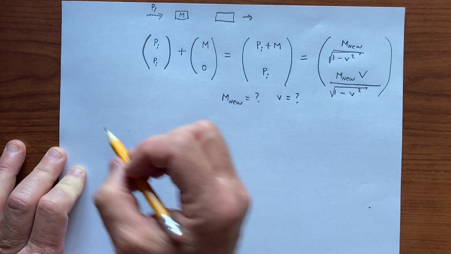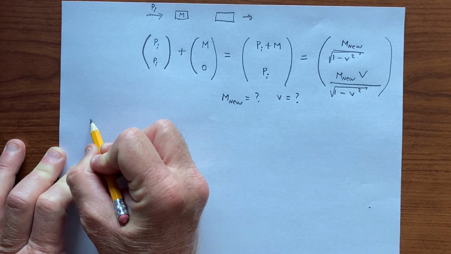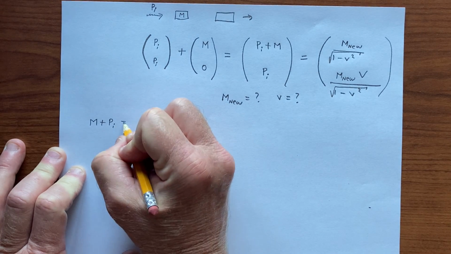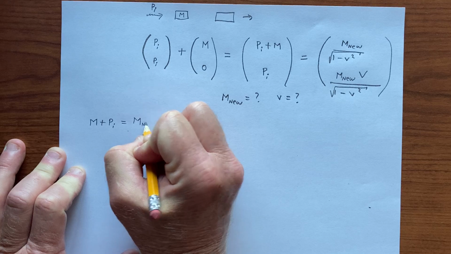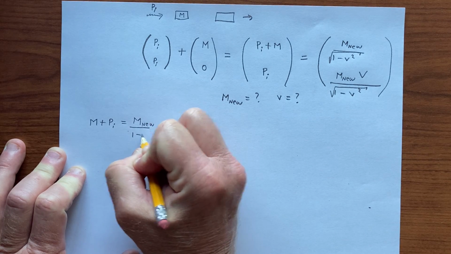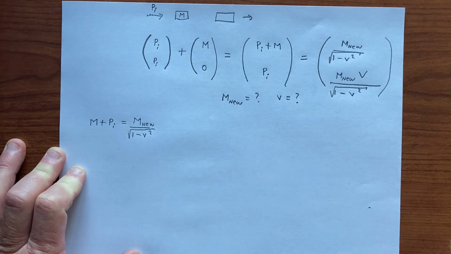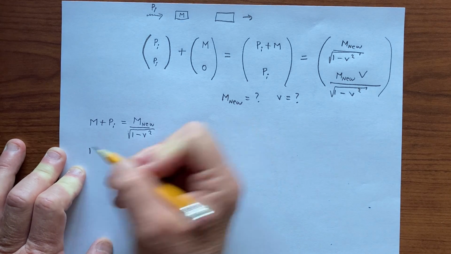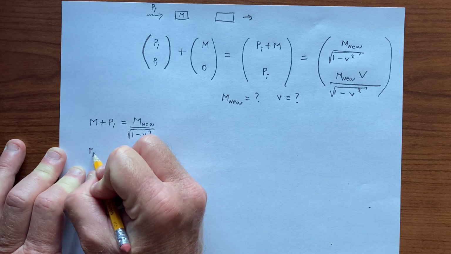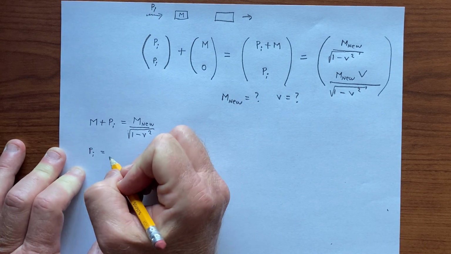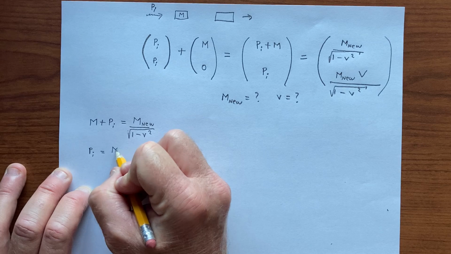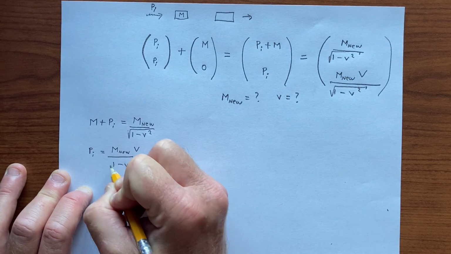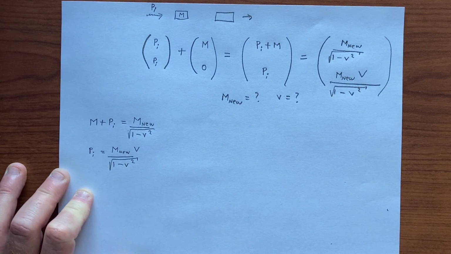We have m plus pi equals m nu over the square root of 1 minus v squared, and pi, or this relationship, is equal to m nu v over the square root of 1 minus v squared.